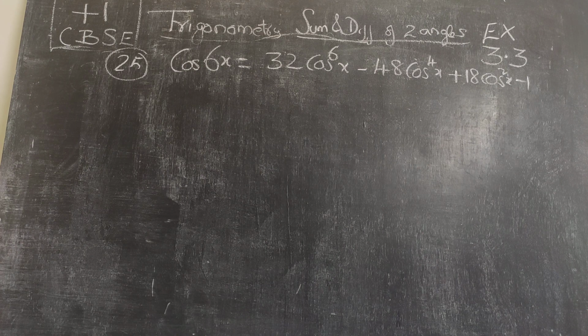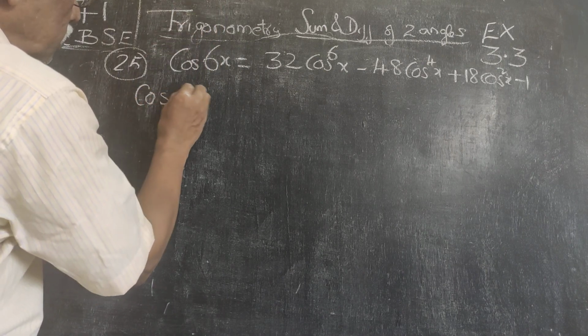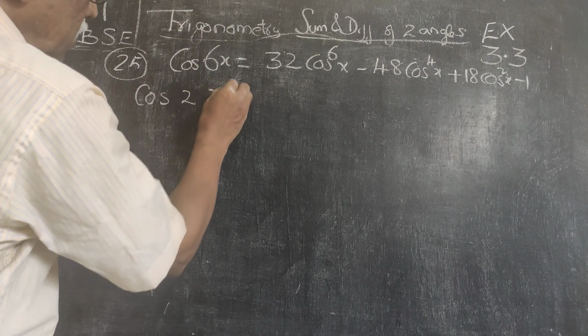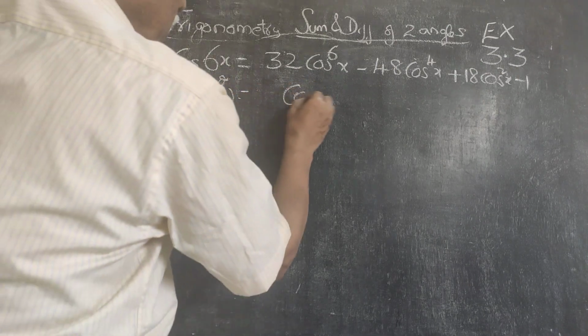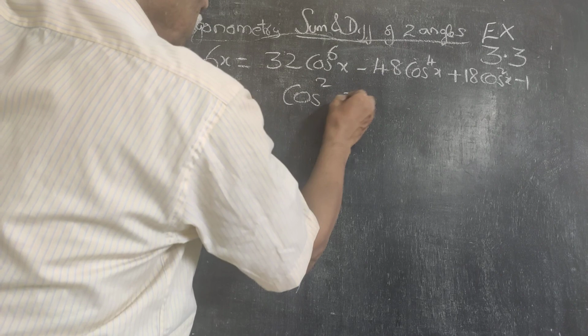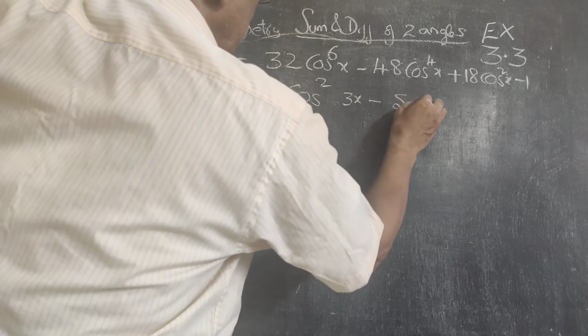So my dear students, I go for the last problem, cos 6x. Again I am writing the same model as in the previous one. I am writing it as cos 2 theta, that is equal to cos square theta, so cos square of 3x minus sin square of 3x.